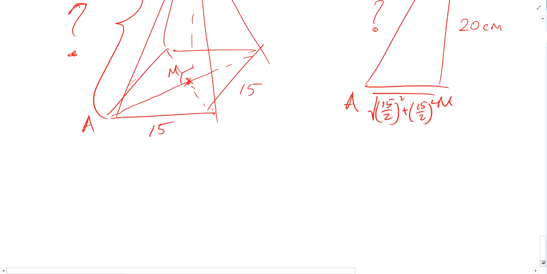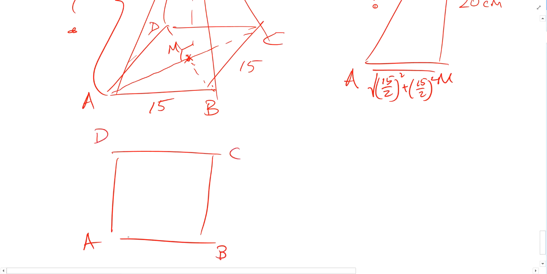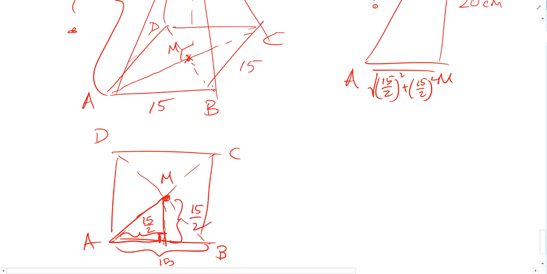If I look at the top view, this being A, B, C and D, this is the top view, and this point is M. This is 15, so this must be 15 over 2. This is my right angle triangle, and this is also 15 over 2.